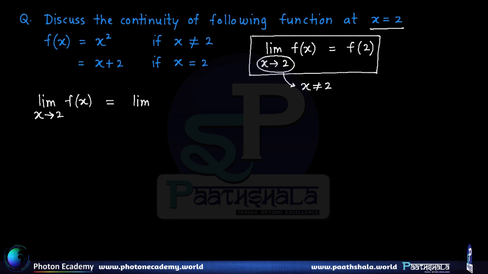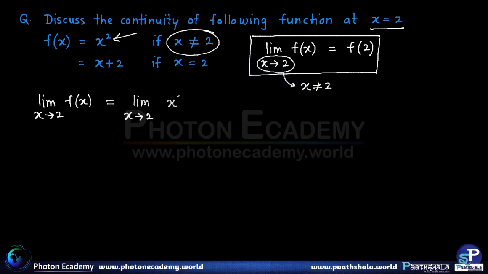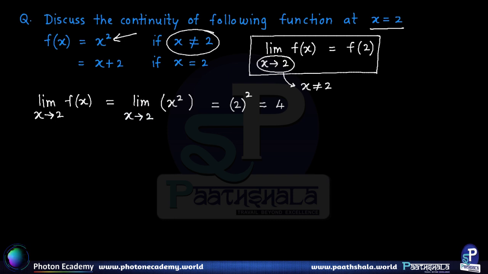So when x is not equal to 2, we will use the first definition of the function, that is we have to find the limit of x square, right? And we know that this is a simple polynomial, so to evaluate the limit we will substitute x is equal to 2. So ultimately we will get this particular limit as equal to 4, right?